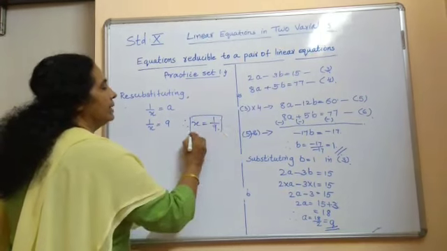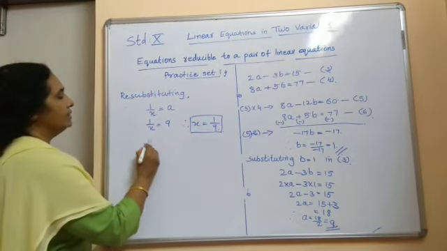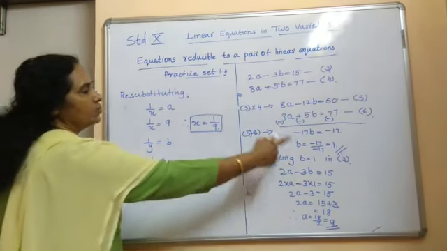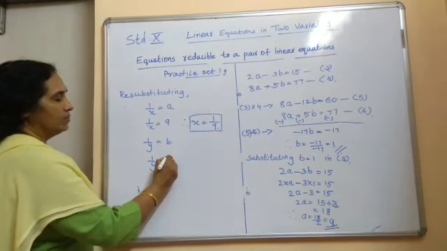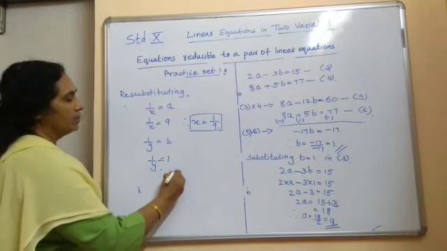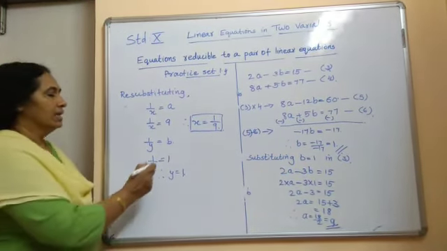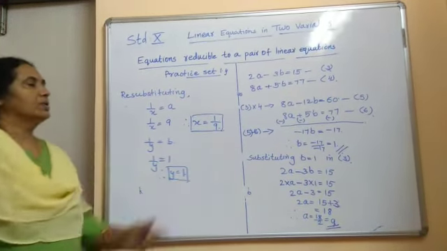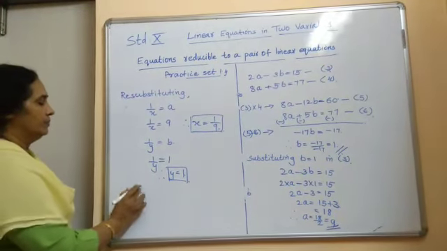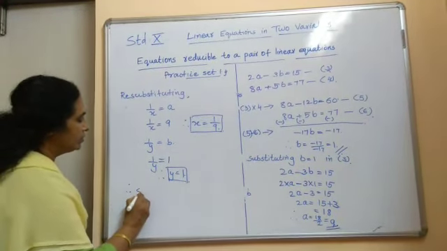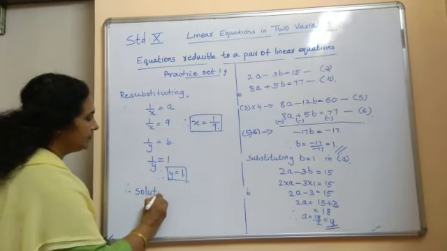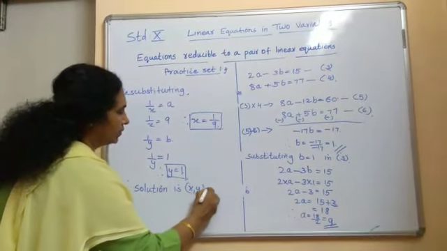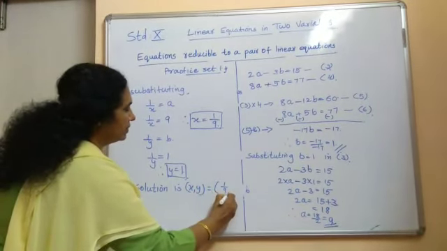Again, 1 by y is equal to b. Value of b is 1. 1 by y is equal to 1. Therefore, y is equal to 1, here also taking the reciprocal. So now we got the values of x and y. Therefore, solution is (x, y) is equal to (1 by 9, 1).